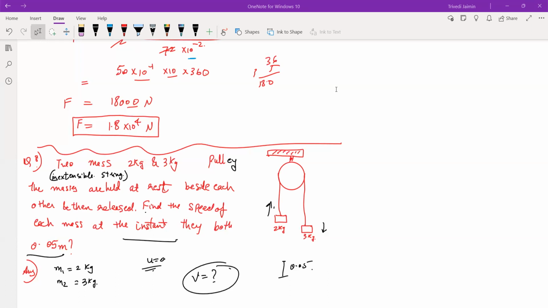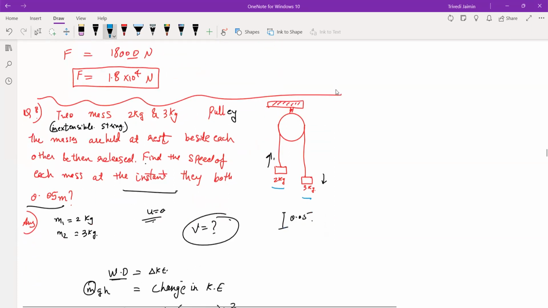So what they gave: two masses, 2 kg and 3 kg, with an inextensible string. Find the speed of each mass at the instant they are both at 0.05. In short, this mass is more, right? 3 kg is more, so obviously it will be moving down, and 2 kg will be moving up.